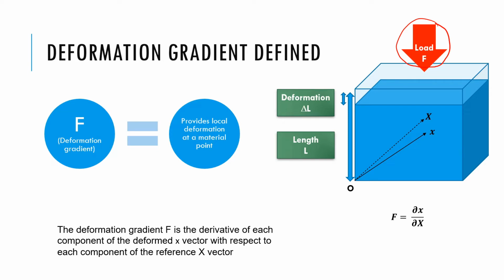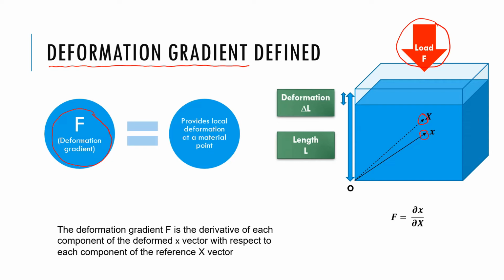So for that, we define a quantity called deformation gradient. So we have a point here that because of the load, it moves the point over there. So deformation gradient provides this local deformation at a material point.